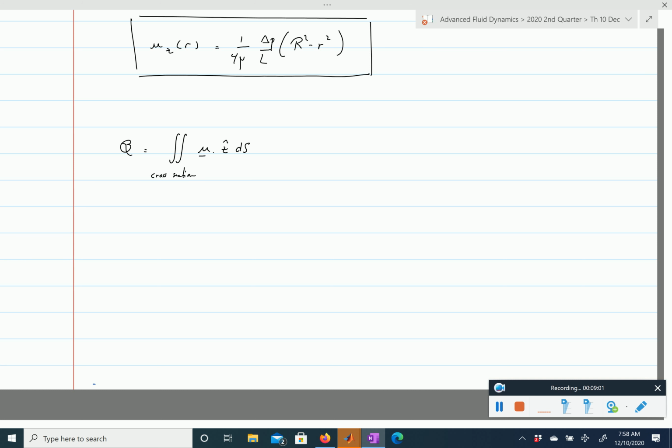Right, so we can do this calculation. U dot z is just going to be the z component of the velocity uz, and it's only a function of r. Our element of surface is going to be r dr d theta.